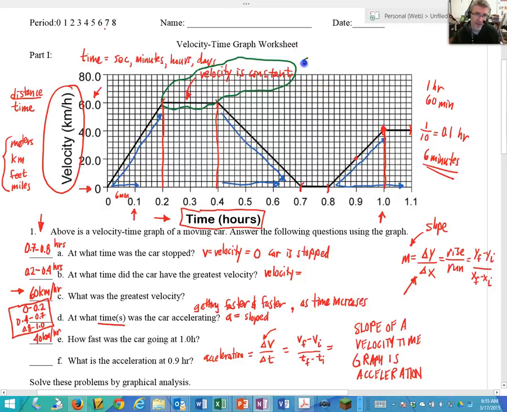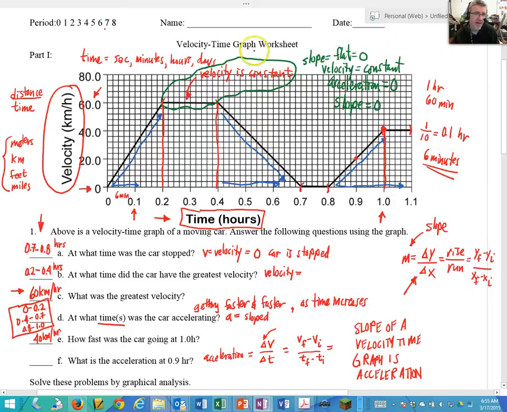The slope is flat, which means 0. That means when velocity is constant, acceleration is 0. So slope, which is acceleration, is 0, where velocity is constant. Hold on to that. We'll run into that again.